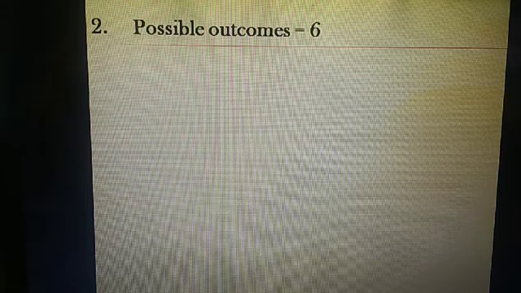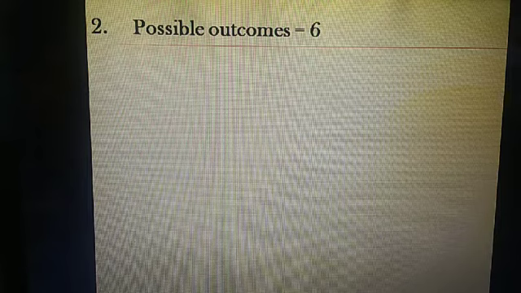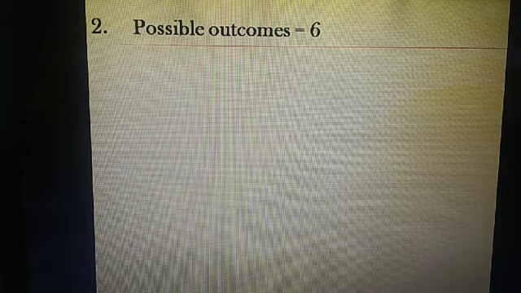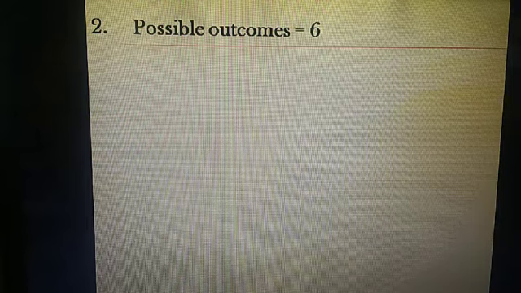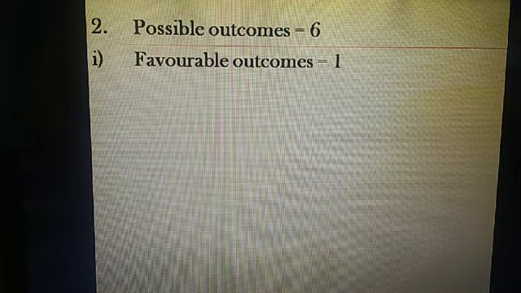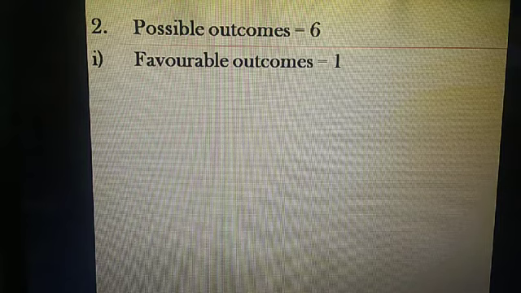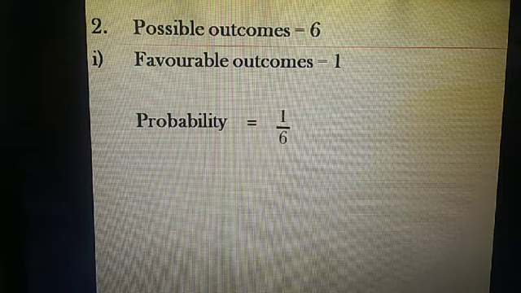In the first condition, it's given: what is the probability of drawing a marble with number 2? Only one marble has 2 on it. So from the possible outcomes, the favorable is only 1. So the probability is favorable upon possible, that is 1 upon 6.